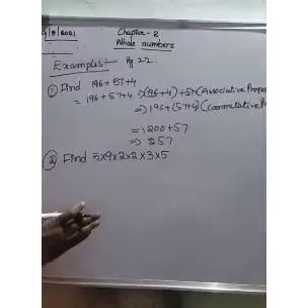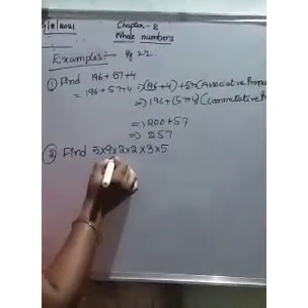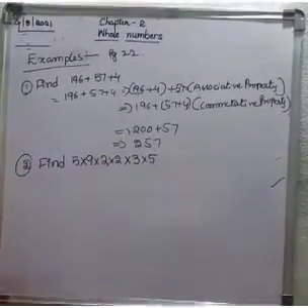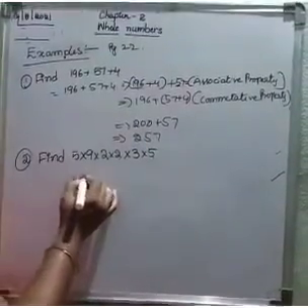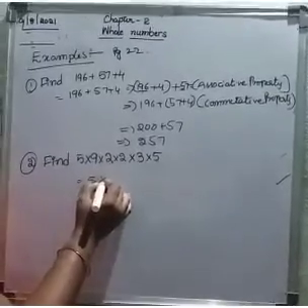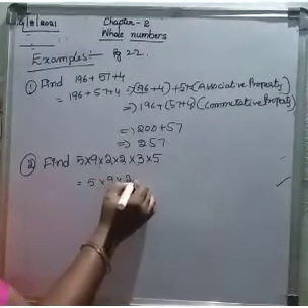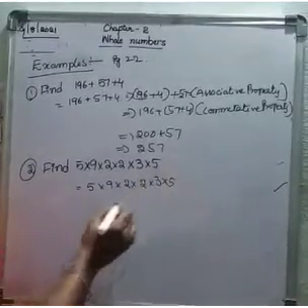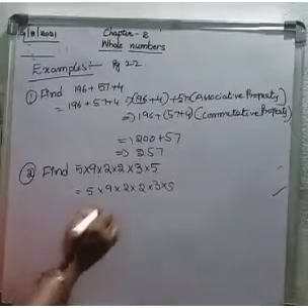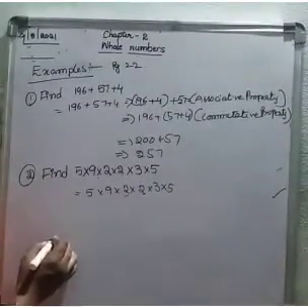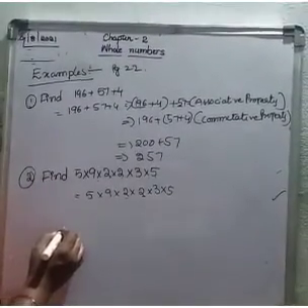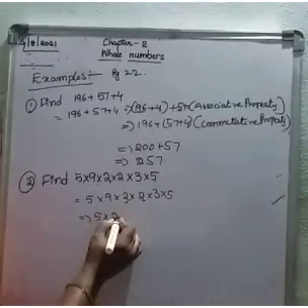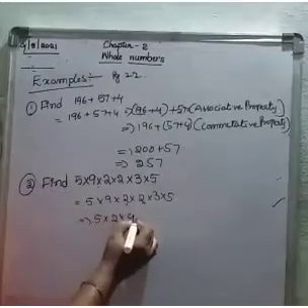Next, second example. Find 5 into 9 into 2 into 2 into 3 into 5. Okay. So, given number is 5 into 9 into 2 into 2 into 3 into 5. Look here. Here 2 twos are there. 5 into 2 into 9.